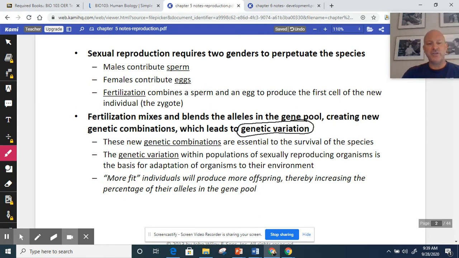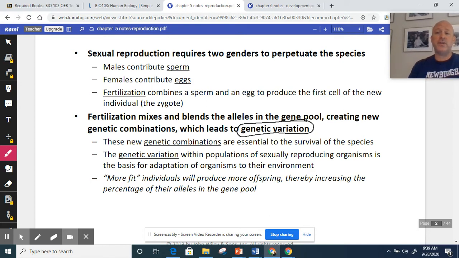When there's variation in a population, the individuals are different from each other. And why is that a valuable thing? Imagine if we were all the same, if we were clones of one another, like some bacteria are. And then a virus showed up that was able to kill some of us. Well, if we were all clones of each other, that virus would be able to kill all of us and probably will. But we're not all the same. We are genetically different. We have variations.